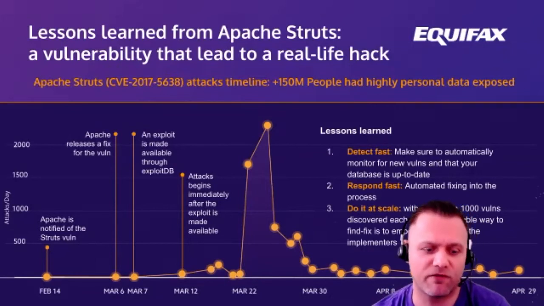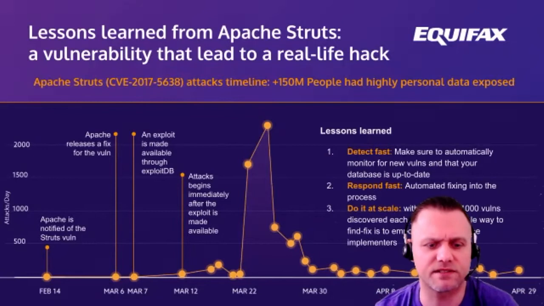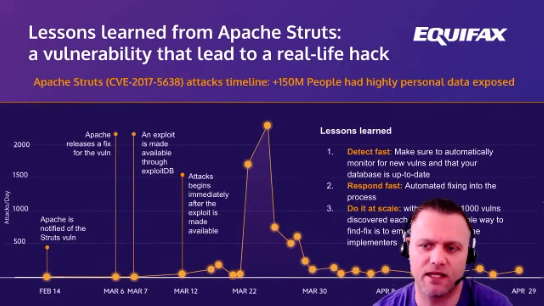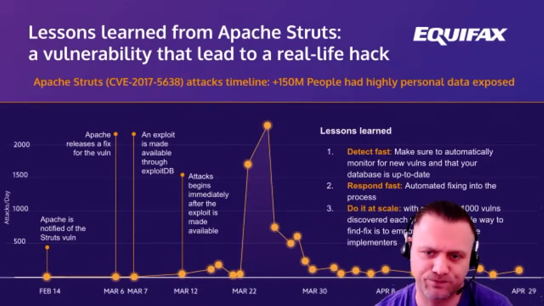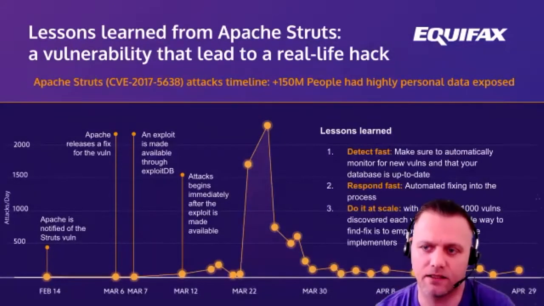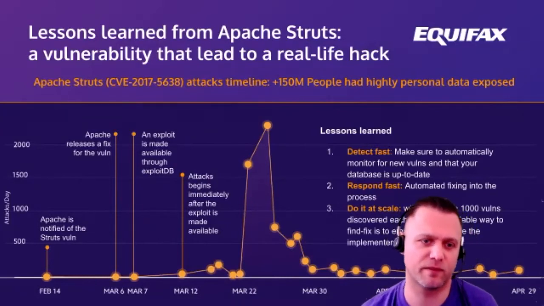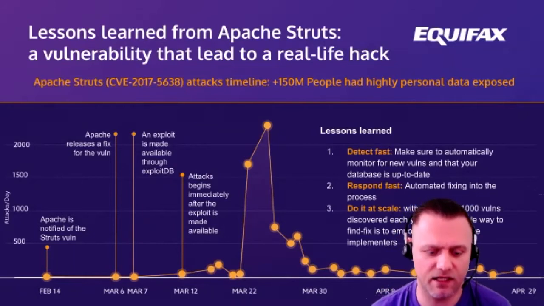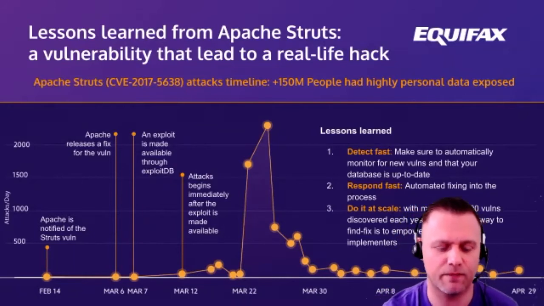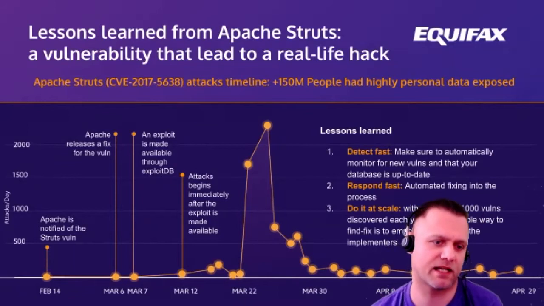However, Equifax got fined around $700 million because they were exposing over 150 million people's personal information, right? They leaked it because of a vulnerability in this Struts framework, or in particular in a library that it was using.